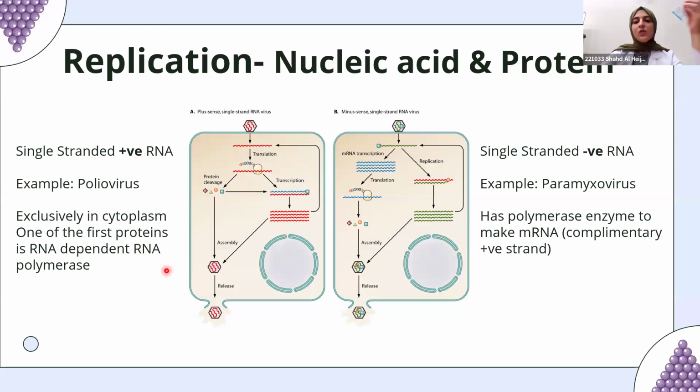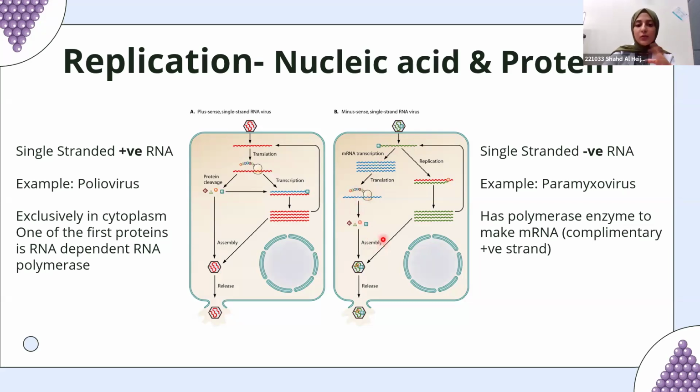Now moving on to single-stranded negative RNA. This is like paramyxoviruses. In negative strands, you cannot use a negative strand to make proteins directly. You need to make a positive strand. So here, you will have a polymerase enzyme to make mRNA, the complementary positive strand. You have the negative strand, you need to make the positive strand, and then use the positive strand to make proteins.